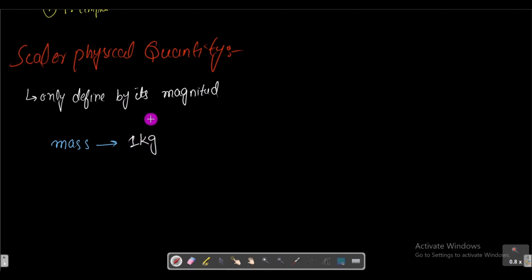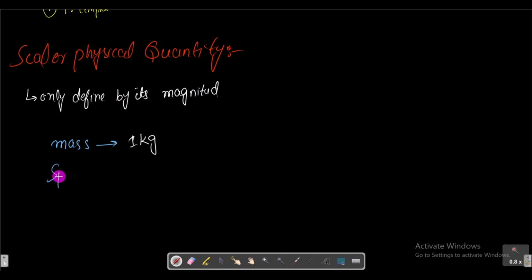There is no direction, only the magnitude, only the amount of the quantity is present in the mass. We can't say give me 1 kg rice from the north, or give me 1 kg rice from the south. It will not make any sense. Therefore mass is defined only by the magnitude.